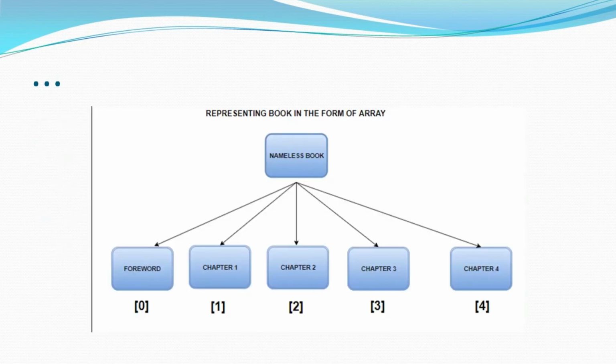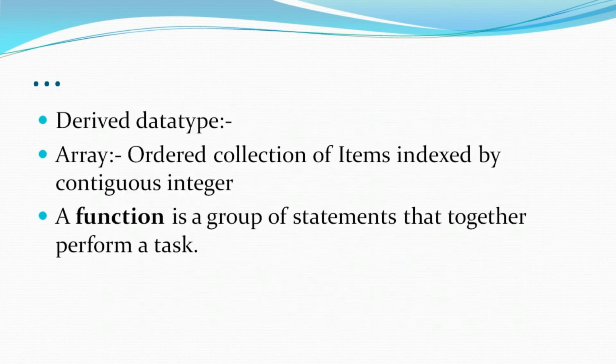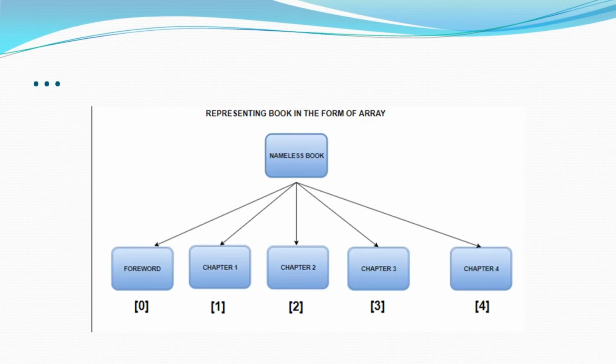Now, what I was telling you about array is how an array is stored. An array is an ordered collection of items indexed by a contiguous integer. Suppose we have a book. The first page contains the foreword, the second page chapter first, the third page chapter second, then chapter third and chapter 4.